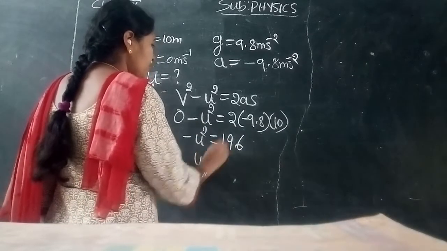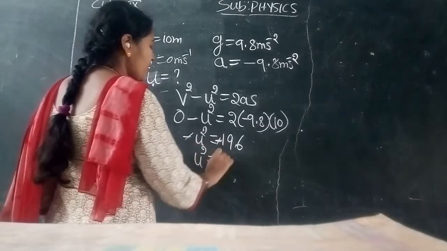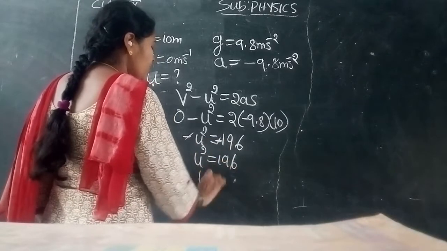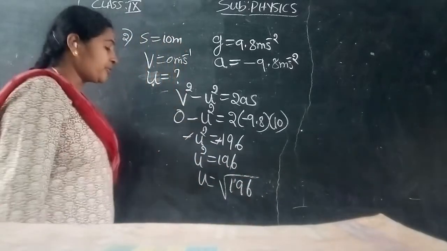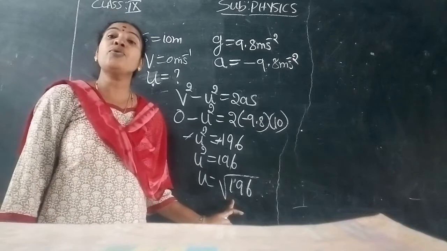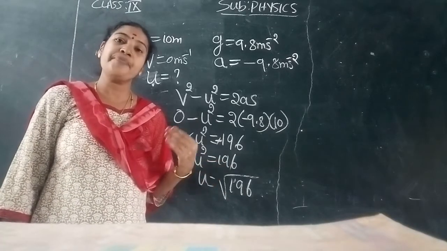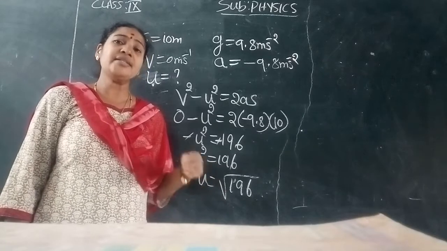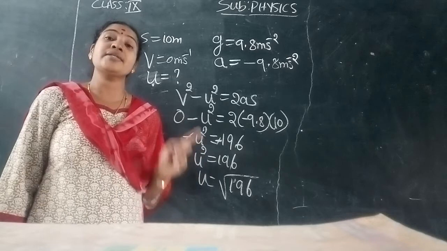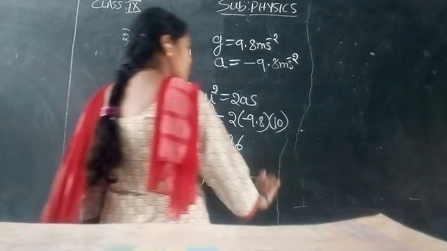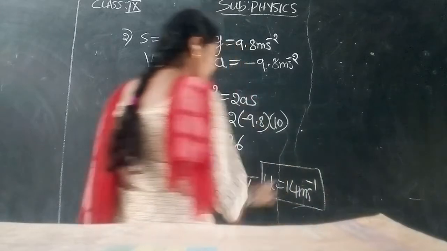So here the minus sign is there on both sides, so it gets cancelled, and u² is equal to 196. u is nothing but the square root of 196. 13 13s are 169, 14 14s are 196. The square root of 196 is 14. So u is equal to 14 meters per second, m s to the power of minus 1.